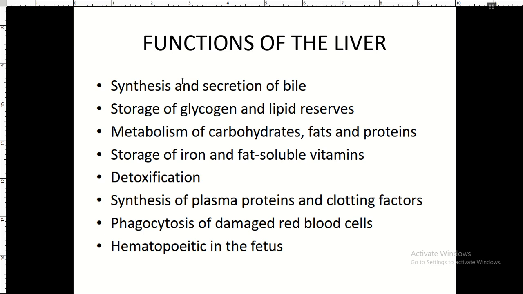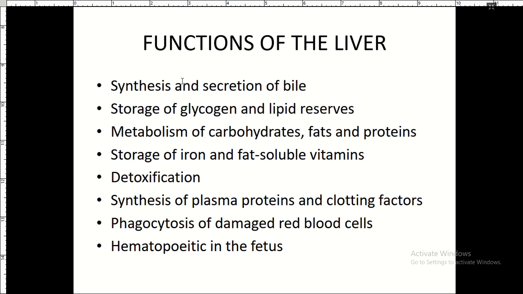Right, so the liver is the largest gland in the body. It takes 5% of total body weight, and it is involved in up to 200 functions, which is very important.